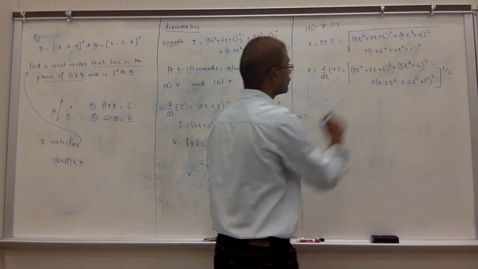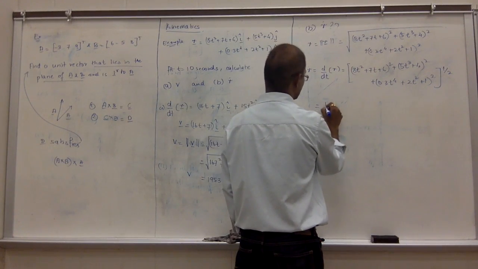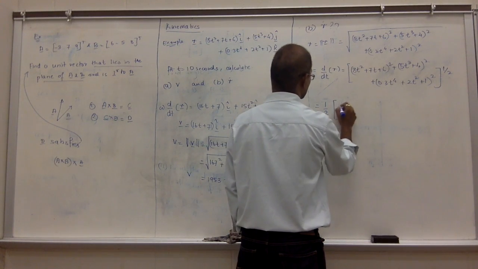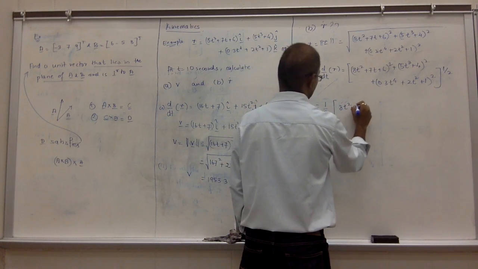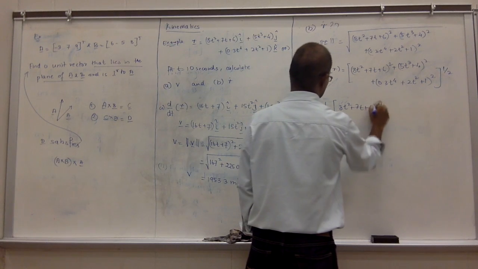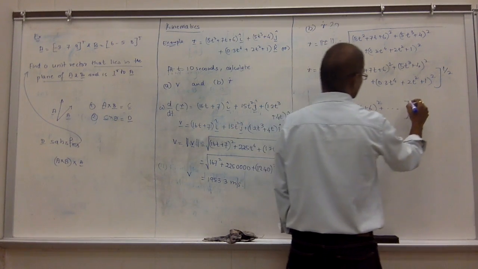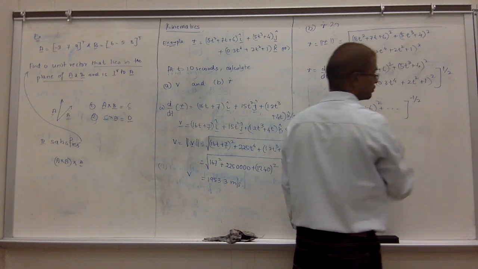Alright, how do you take the derivative of this? You have half into 8t square plus 7t plus 6 square plus so on, raised to minus half.